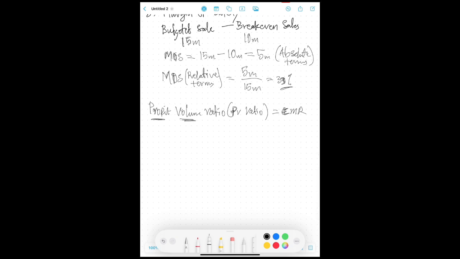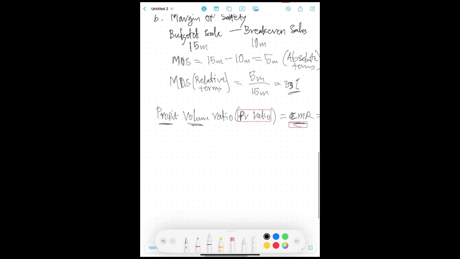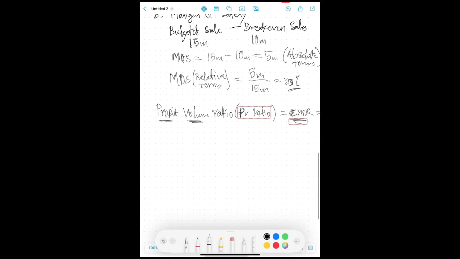But remember, the computation is the same as the contribution margin ratio, which is your contribution margin divided by selling price. This can also be calculated in total, which will mean total contribution divided by sales.